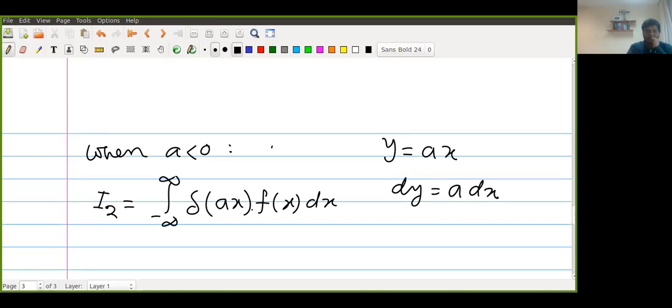Because a is negative, the limits will change. So when I substitute, it will be plus infinity to minus infinity, delta of y f of, so x will be y over a and dx will be dy over a.